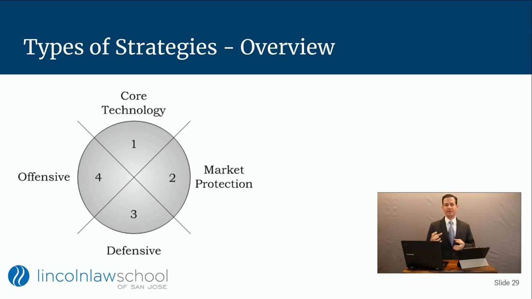You also have these offense and defensive mechanisms where you want to be able to use patents or defend using patents, and so the strategy that's being used here will cover different aspects of your invention.